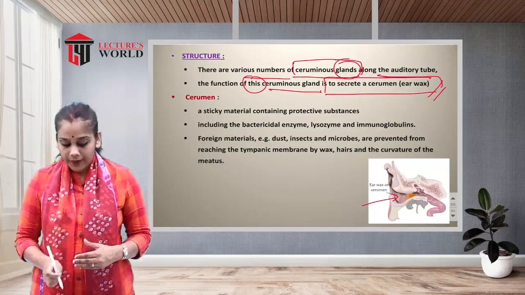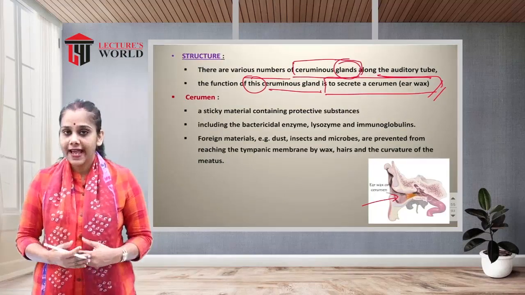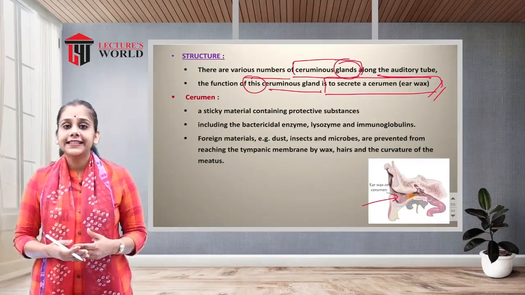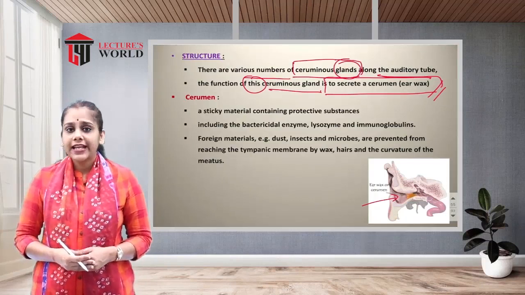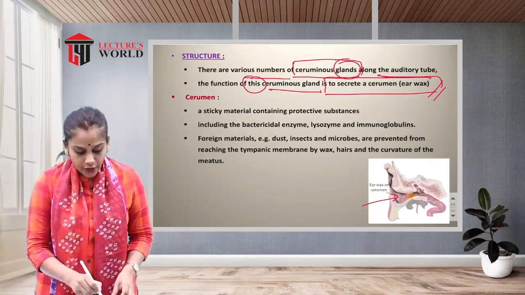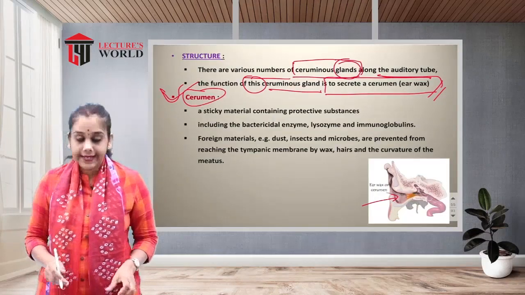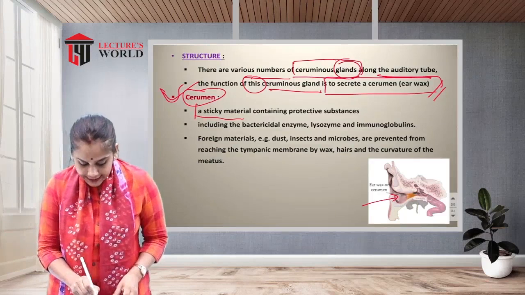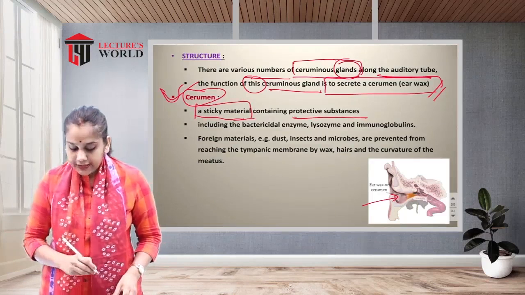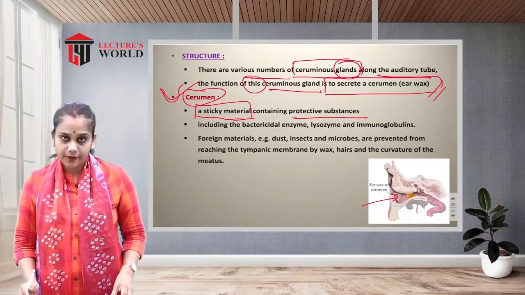So the ceruminous gland is very helpful for the secretion as well as the production of the cerumen into the ear canal. What is cerumen? It is a sticky material which contains a protective substance.